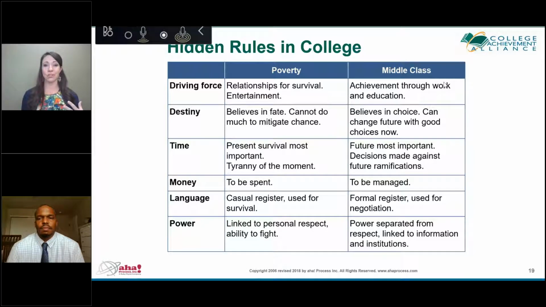Okay, formal register is a hidden rule of middle class institutions, churches, businesses. Our students don't know that. Sometimes casual register is the only thing they've known, so formal register needs to be taught. Formal register is often taught in our developmental English courses to students who only speak in casual register. Ricky will get into that in a little bit.